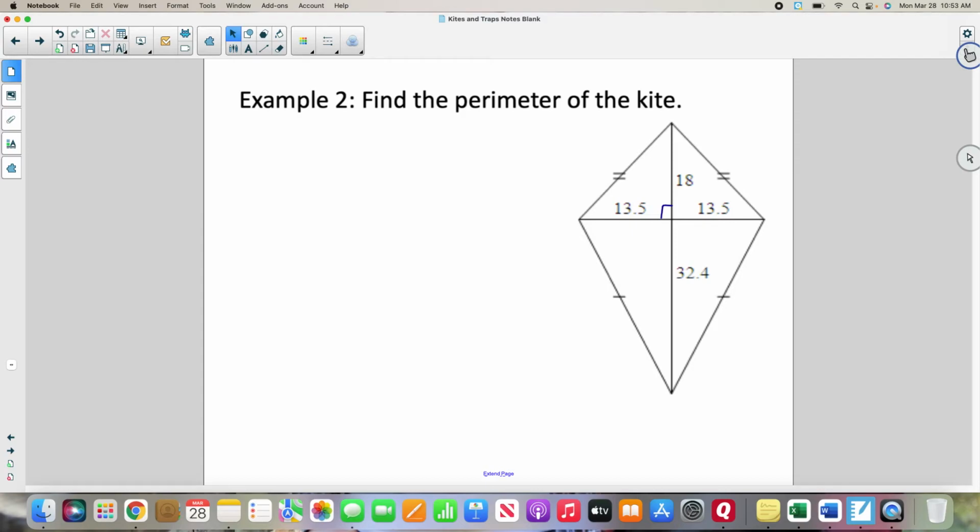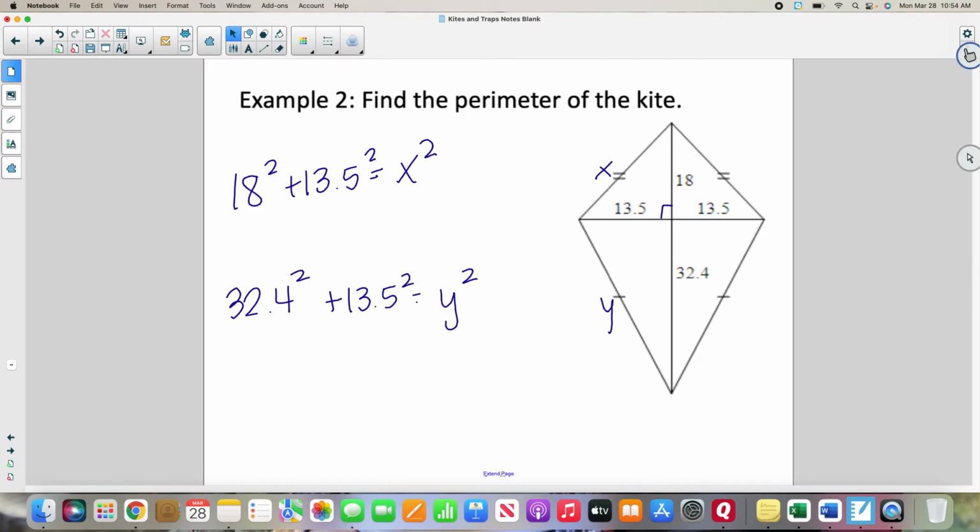So how do I get that little marked side? Pythagorean theorem. 18 squared plus 13.5 squared equals x squared. How am I going to get y? Same concept: 32.4 squared plus 13.5 squared equals y squared. Ladies, you do x, and gentlemen, you do y.